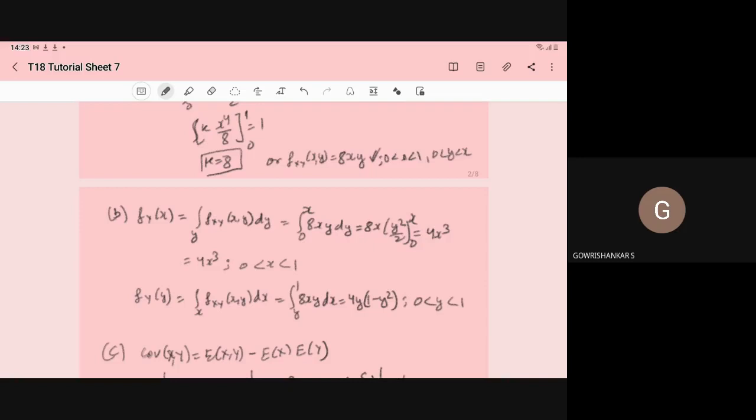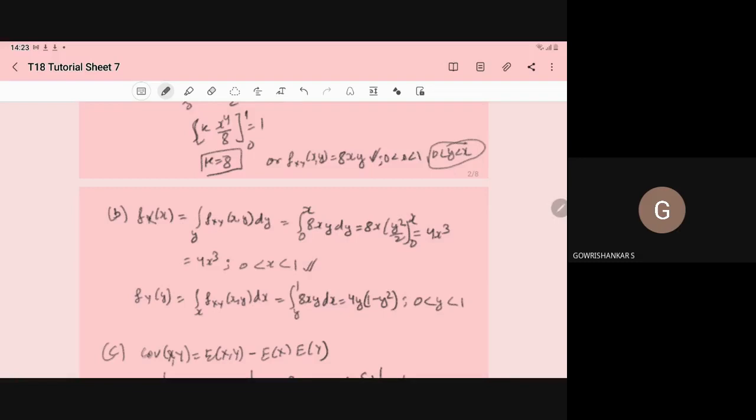For y we have the range 0 to x. So 0 to x of 8xy dy. So 8x, then y square by 2, limit 0 to x. It will give you 4x cube. When we write 4x cube, we always have to write the range of x.